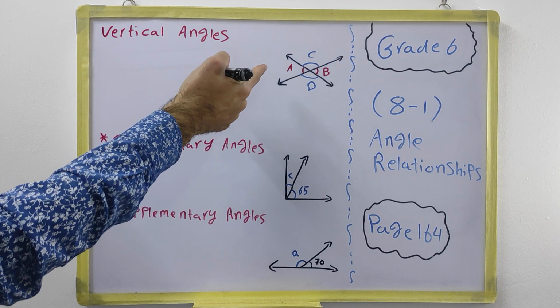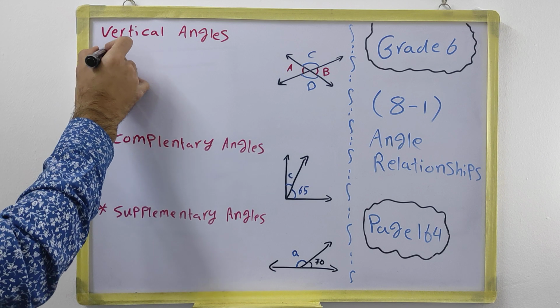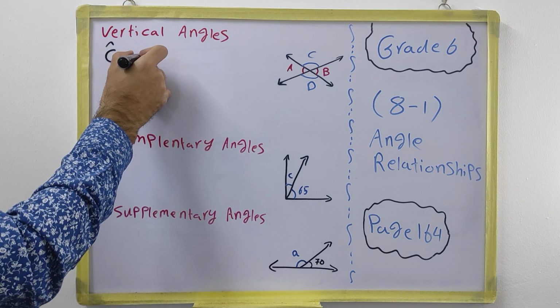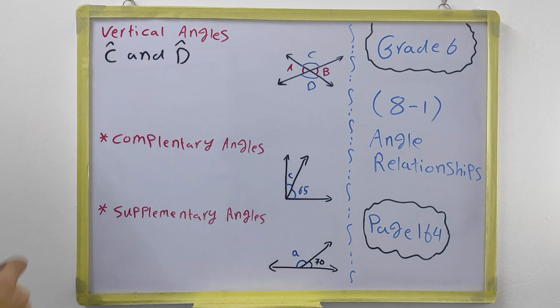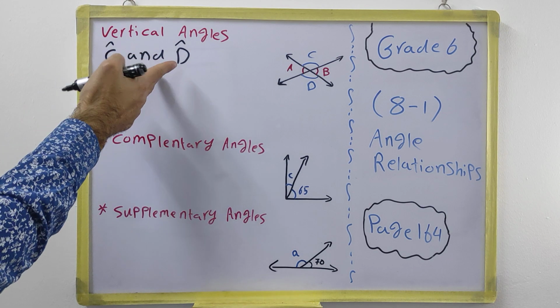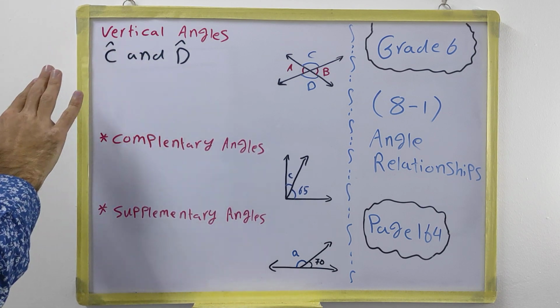So the vertical angles in these two lines are angle C and angle D. C and D are vertical angles. We can say D and C, same.